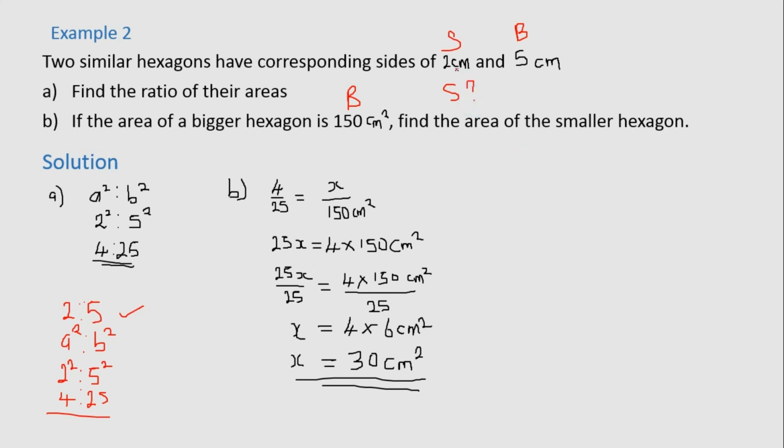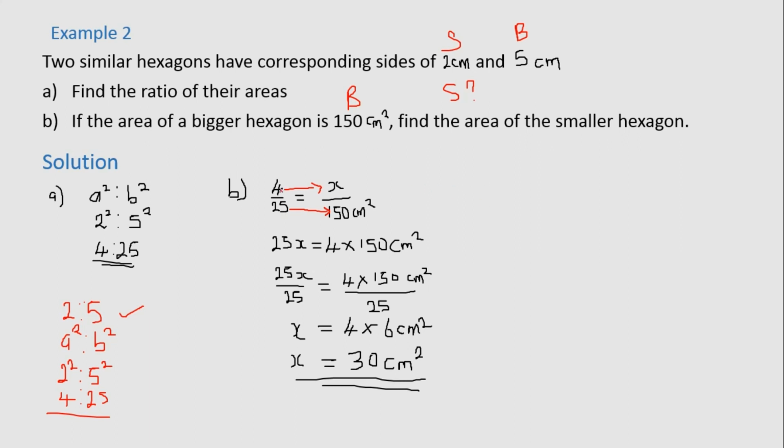Okay, so if you check, this one is what has given us 4, which is going to this that we don't know. So we are saying what we don't know is going to be x. Then 25 is for the bigger one, which is 150. Are you seeing how we're arranging this one? Okay, so this is going to be x over 150, and this one is going to be 4 over 25. Okay, these are just ratios.